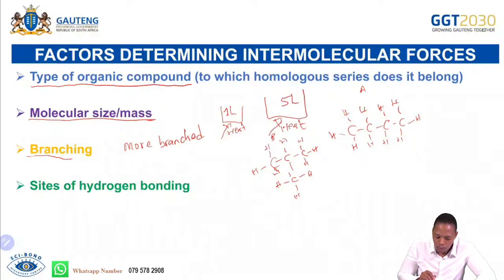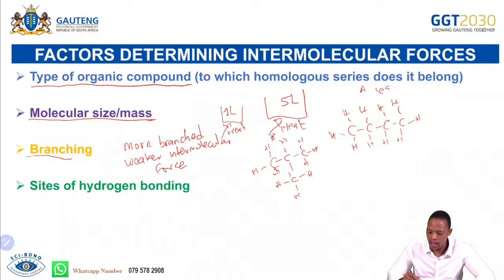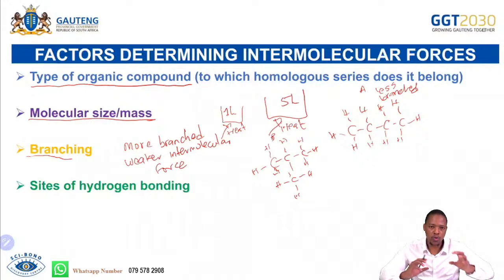So if it is more branched, it will have weaker intermolecular forces compared to the one that is less branched. So we are also going to check the branching.